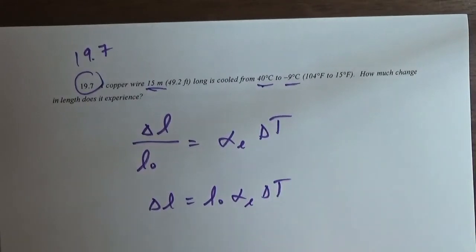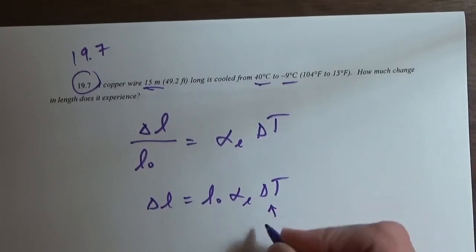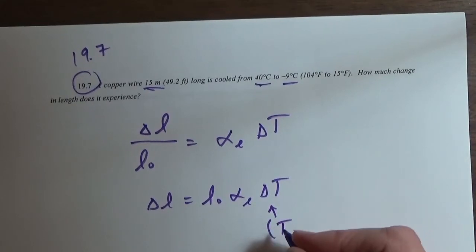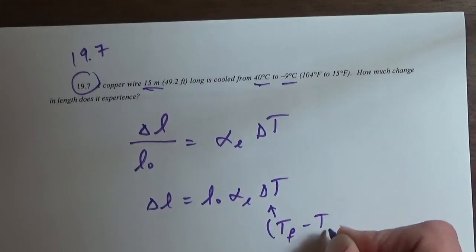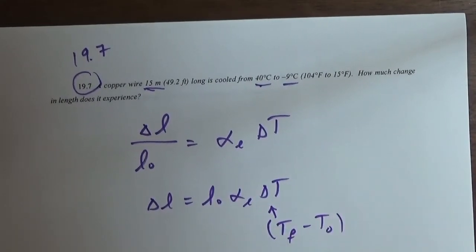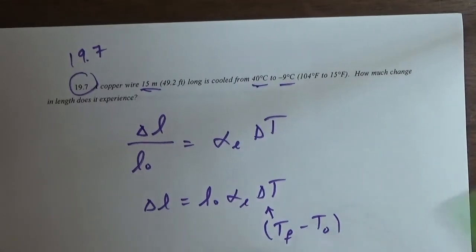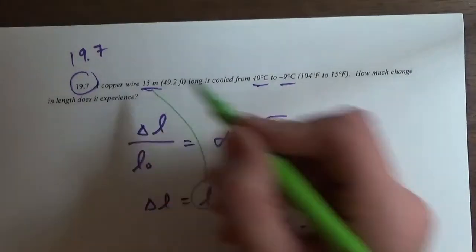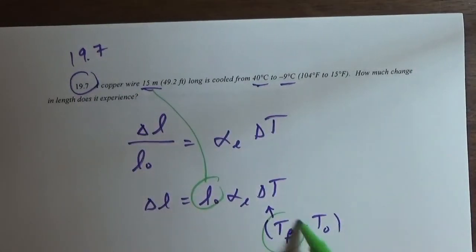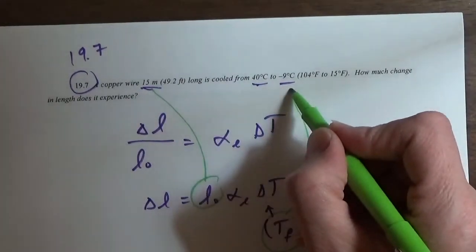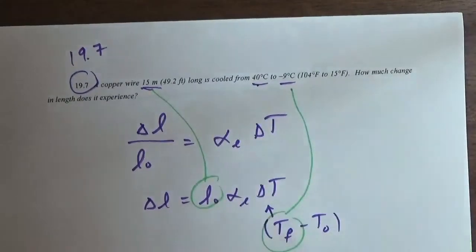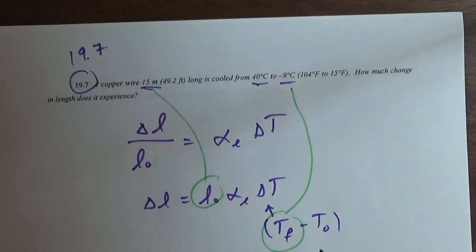And this delta T is the final minus the initial. So in this problem, L0 is 15 meters. The final temperature is minus 9C, which we don't have to convert to Kelvin because we're taking the difference here.